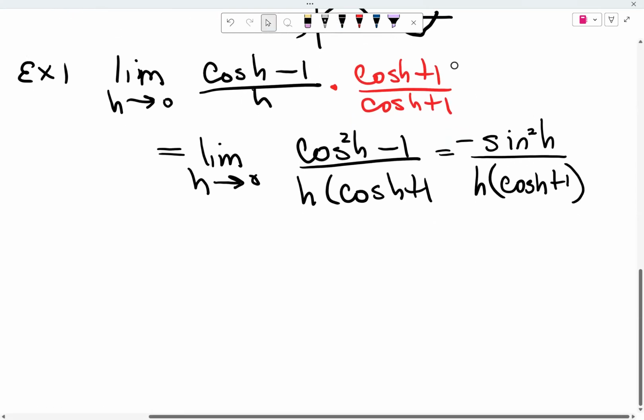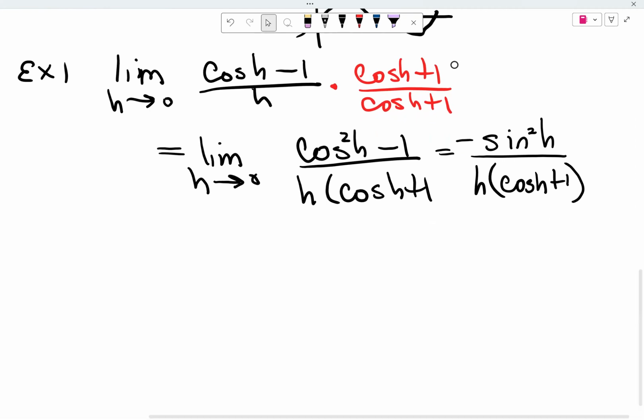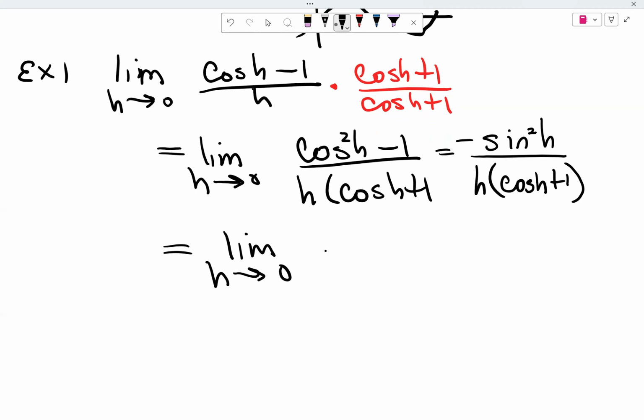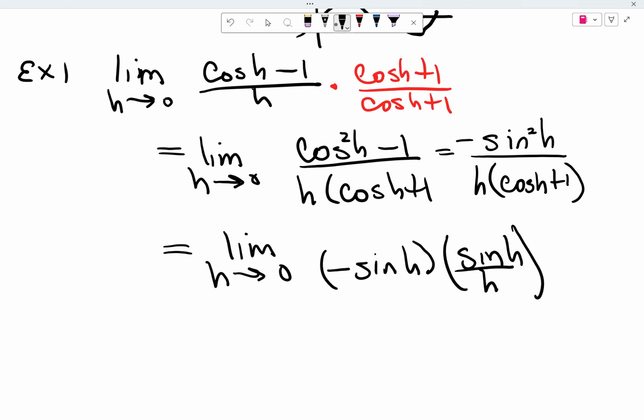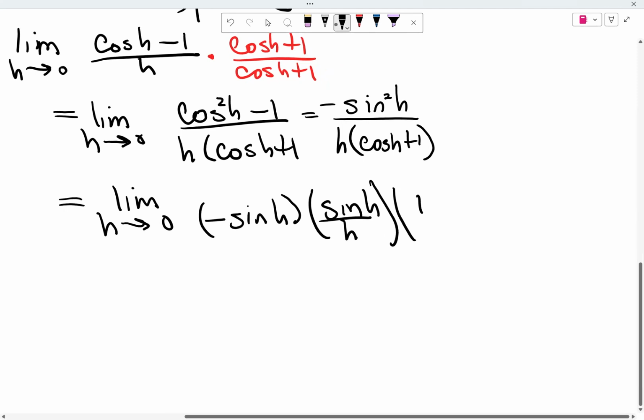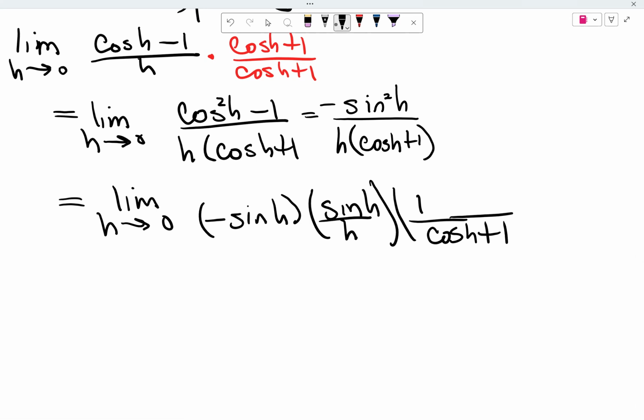If you use your calculators, you also will note a couple of things about sine at 1. So if I simplify this, the limit as h approaches 0 ends up being negative sine h times sine h over h times 1 over cosine h plus 1.